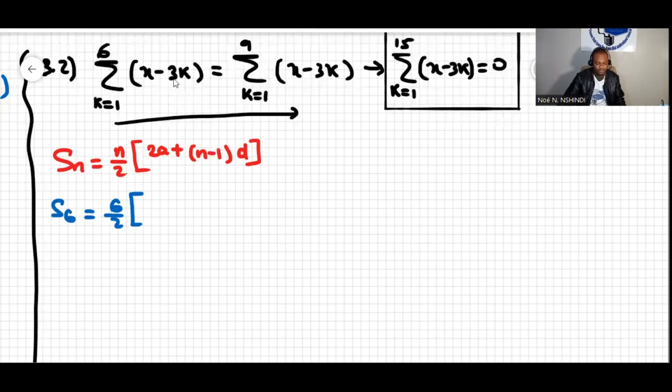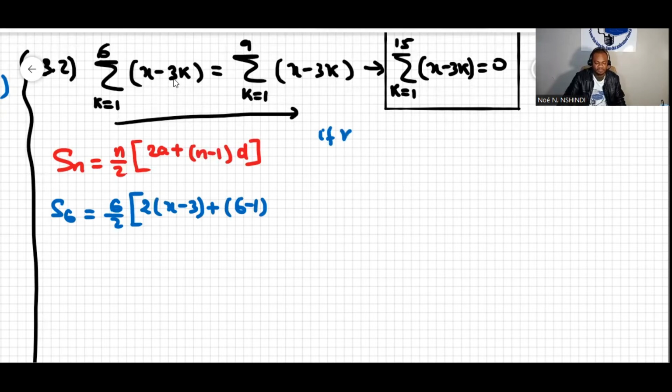So 2, open brackets, x minus 3, okay, plus n minus 1, 6 minus 1 times d. What is d then? The constant difference.